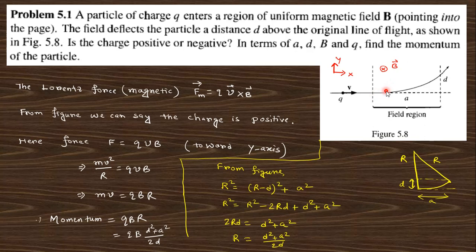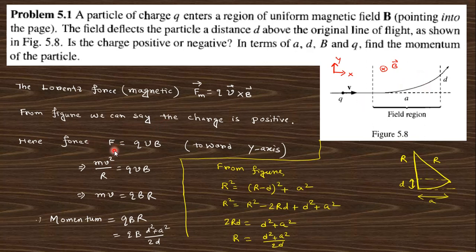So just think about the cross product v cross B: v is this and B is into the page, so v cross B gives you the force in that direction. This matches, so q is positive. If the force were along the other direction and the particle deflected along that direction, it would be negative. But here the force is along that direction because of B, and the deflection is also in that direction, so this is a positive charge.